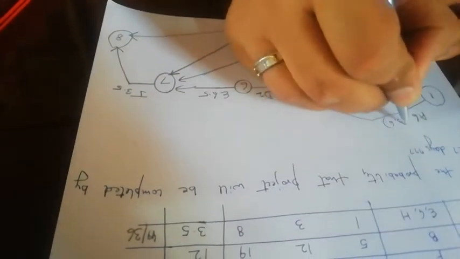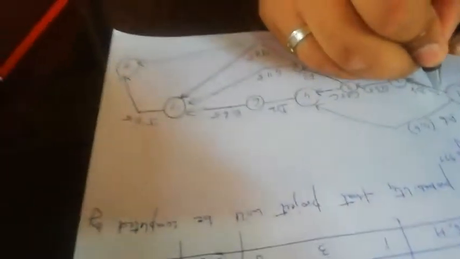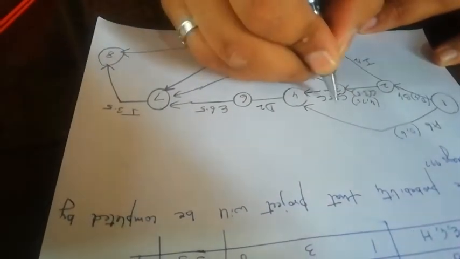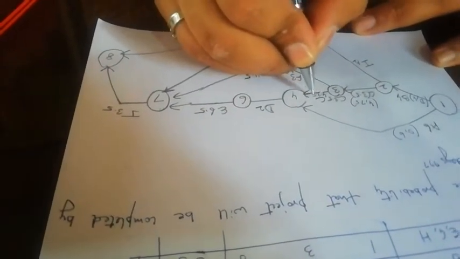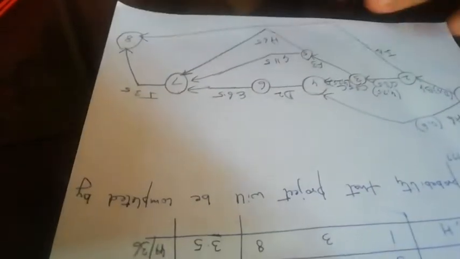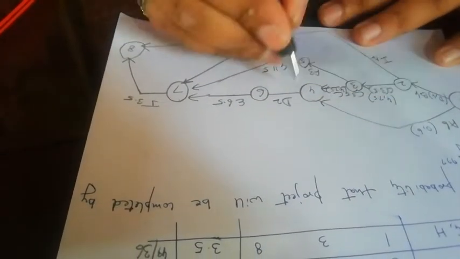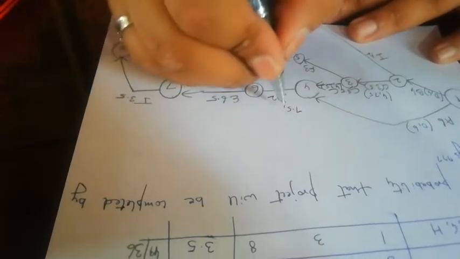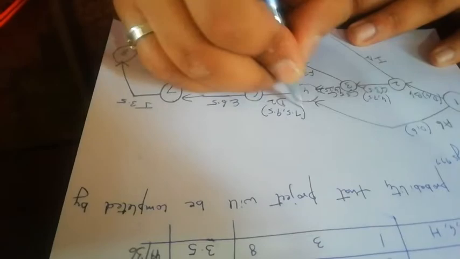Now we'll calculate the early start and early finish. It will be 0 and 6, then 0 and 4, then 4 and 7.5. Then 7.5 and 6, so we have to take the higher one, which is 7.5, and 7.5 to 9.5.